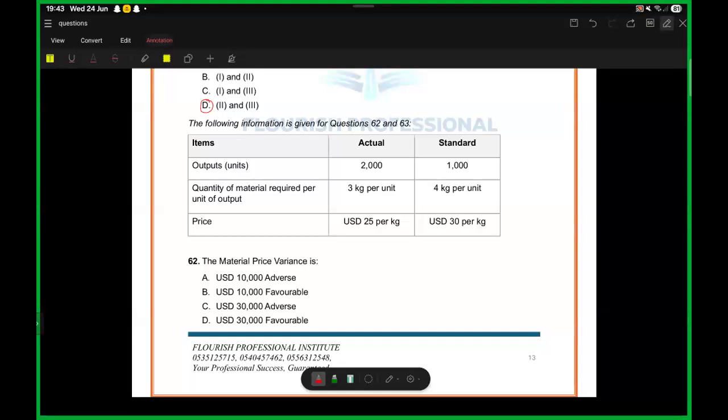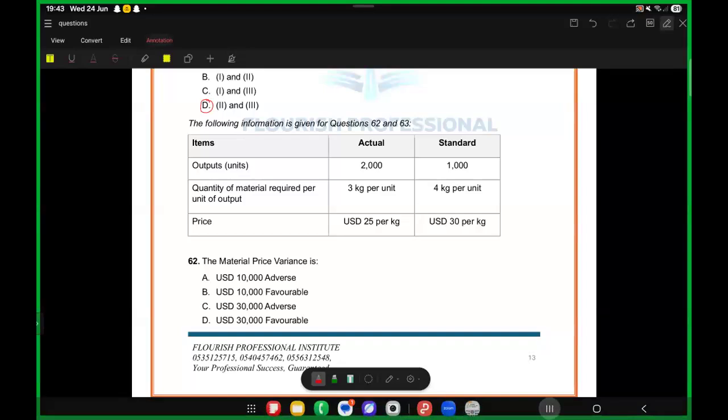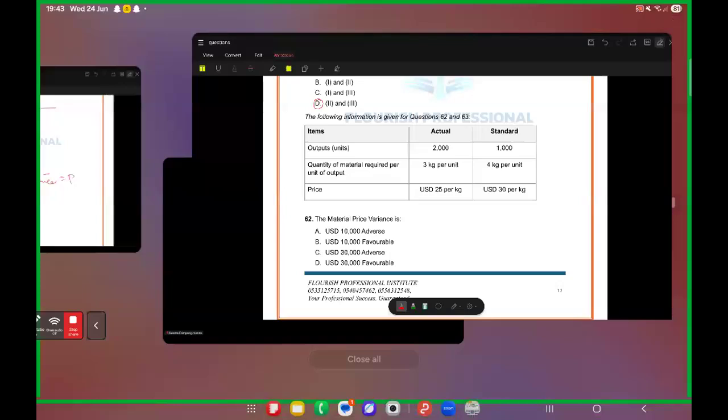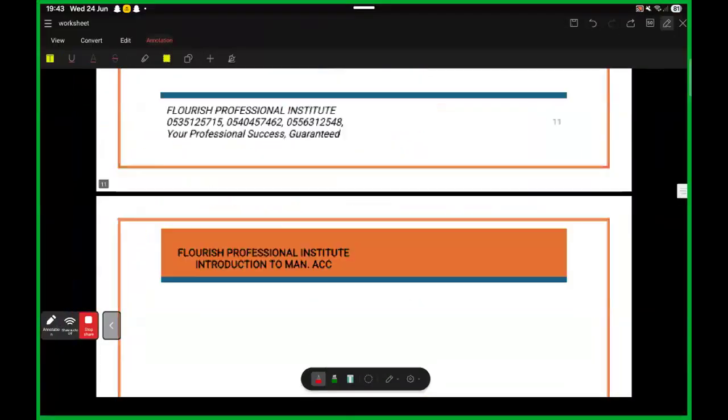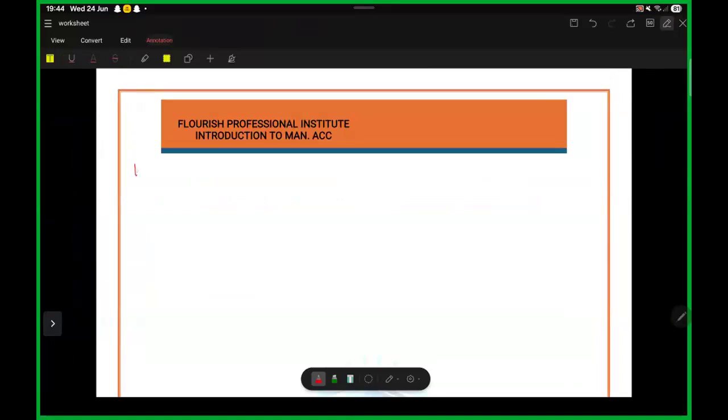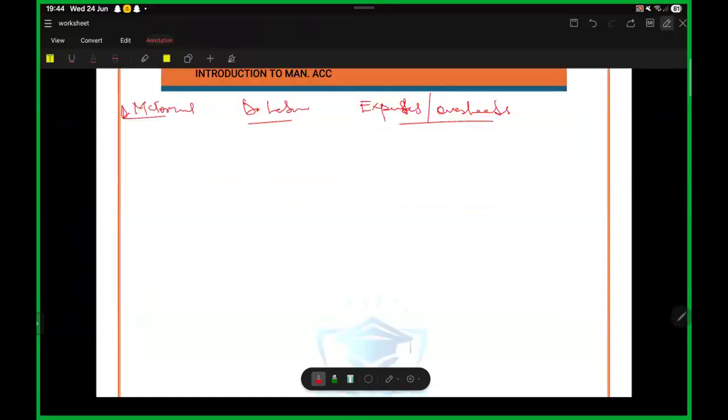Okay, so standard costing is very, very simple. What you have to do is to know how to do your standard costing. Mostly we calculate variances for direct material, for direct labor, and for expenses, which we mostly call the production overheads. And they all follow the same analogy. So let me use this to explain.